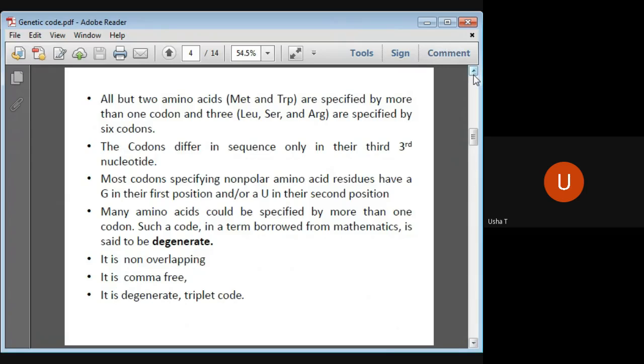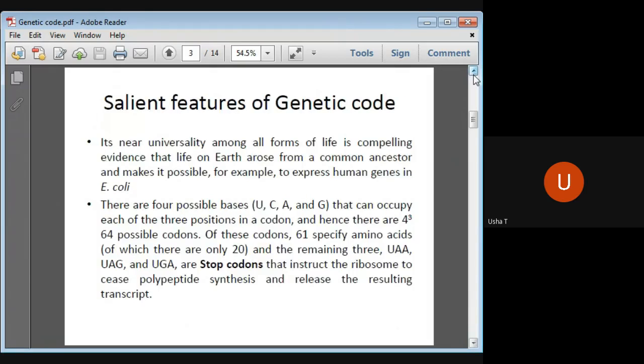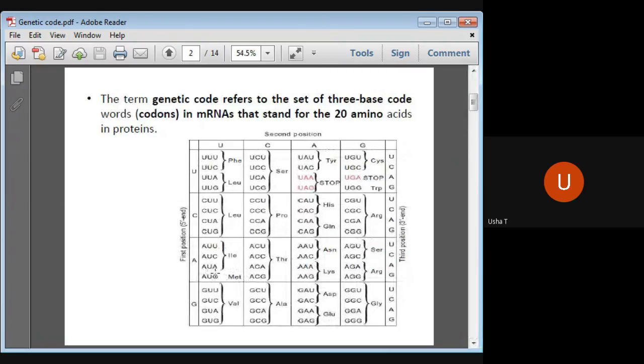We can go back to the table. If you can see here, methionine, AUG. Here you can see methionine. You can see tryptophan here, UGG.